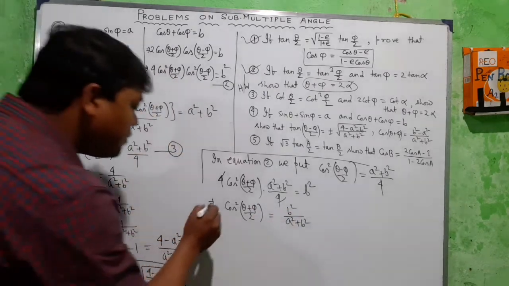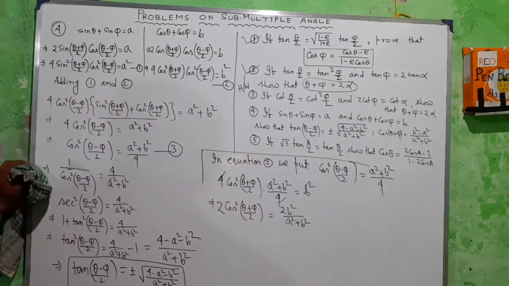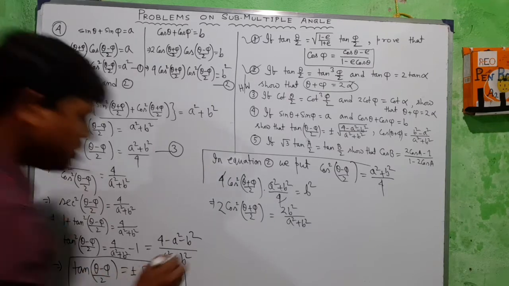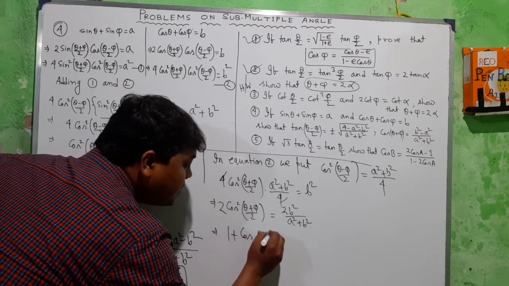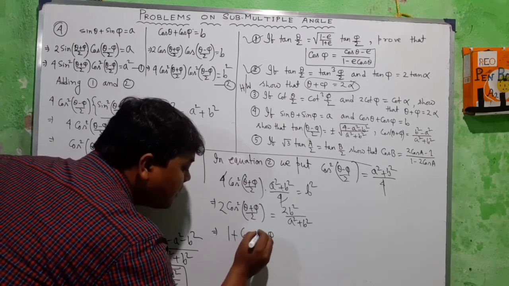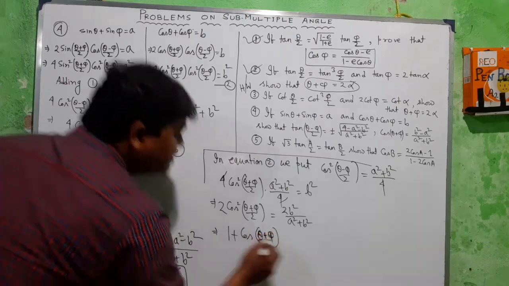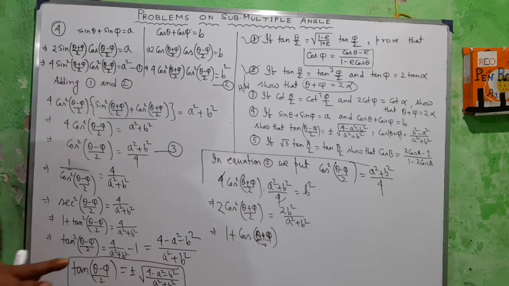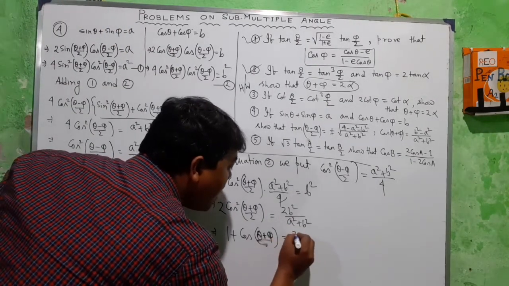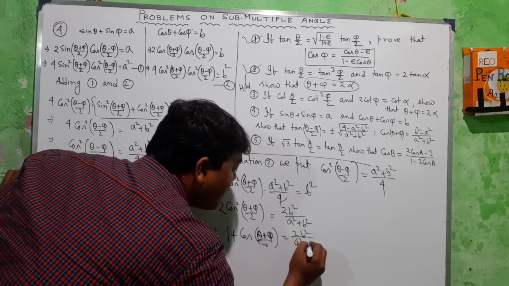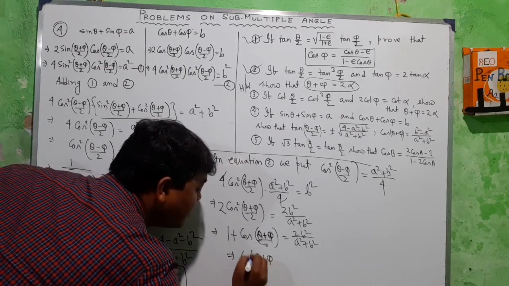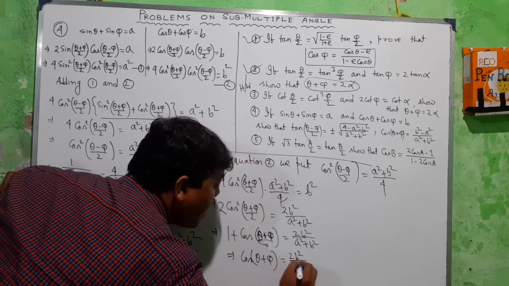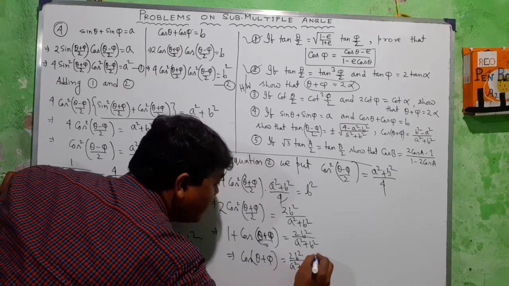So now we multiply both sides by 2. Why? We know that 2 cos square theta equals 1 plus cos 2 theta. So we can write 2 cos square (theta plus phi)/2 equals 1 plus cos (theta plus phi), which equals 2b square by (a square plus b square). So now cos (theta plus phi) equals 2b square by (a square plus b square) minus 1.